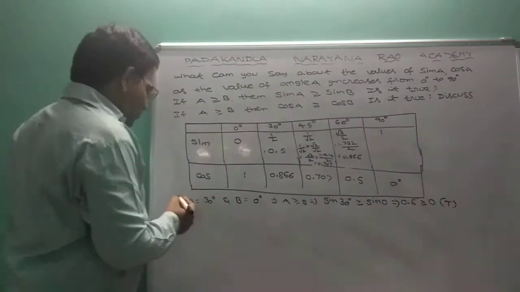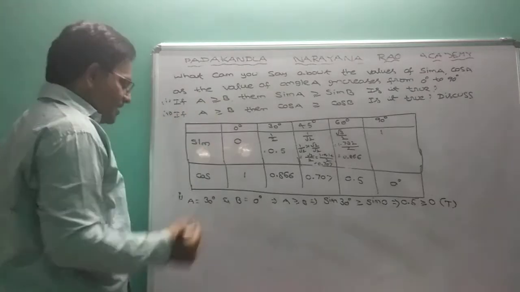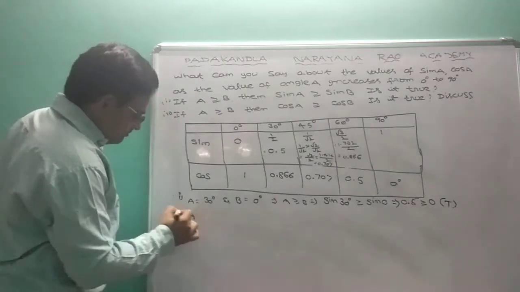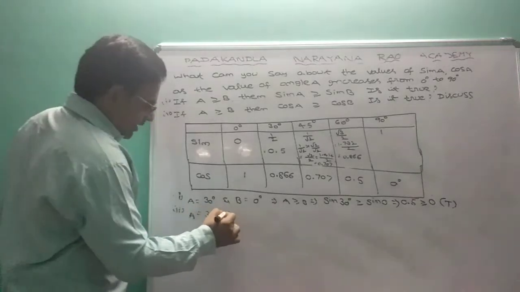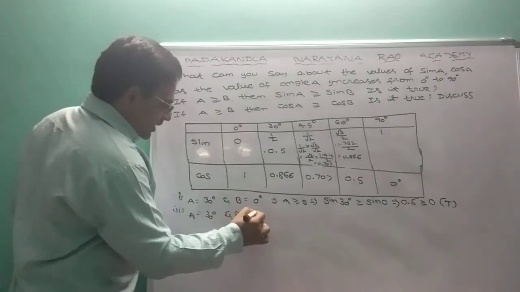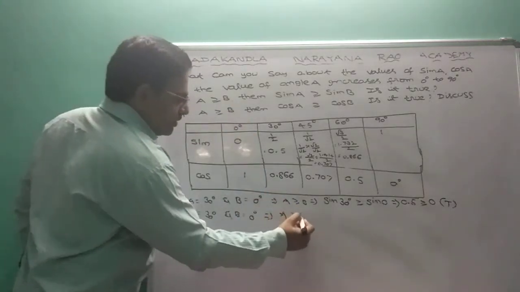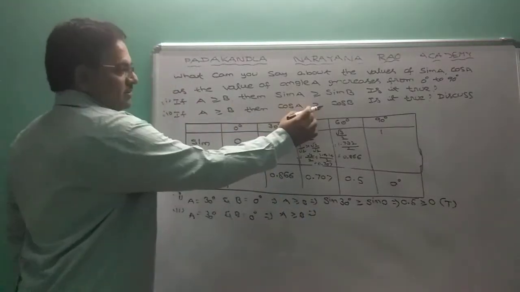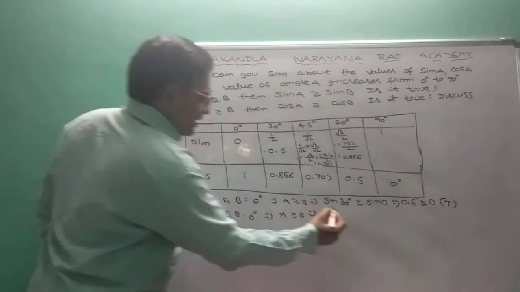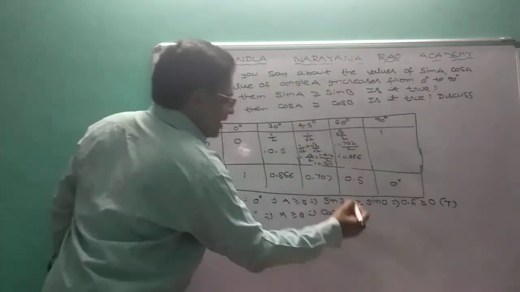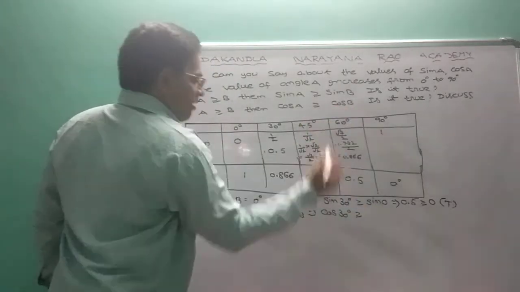Same situation, if you apply it in the second case. A is greater than or equal to B. For suppose A is 30 degrees and B is 0 degrees. Same condition I am taking, A greater than or equal to B, but cos I am comparing. Cos A means cos 30 degrees is greater than or equal to cos B, cos B means cos 0.